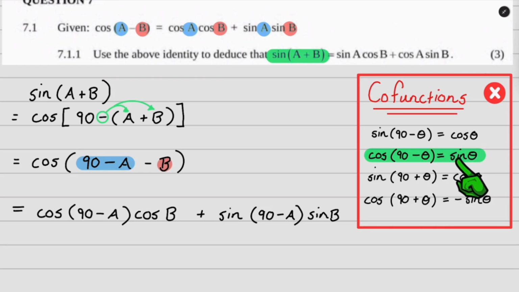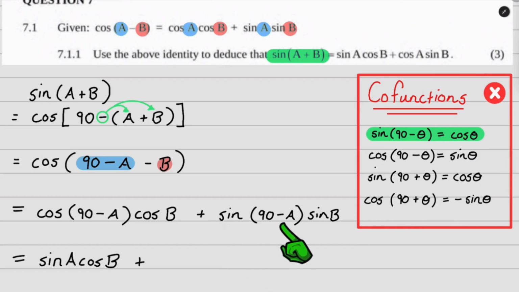So it will change into sine theta, but in this case it will change into sine of A. And the sine of 90 minus A, we'll use this co-function over here, and it will change into a cos theta, or in this case a cos A. And then we have successfully answered what the question was asking. It says use identity to deduce this is equal to that. We showed that that is equal to that through using that identity or compound angle.